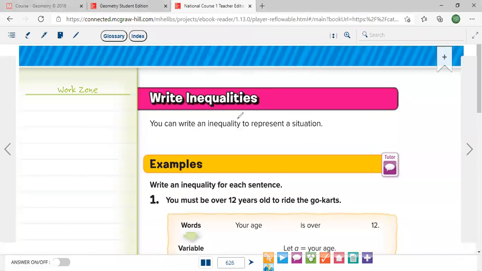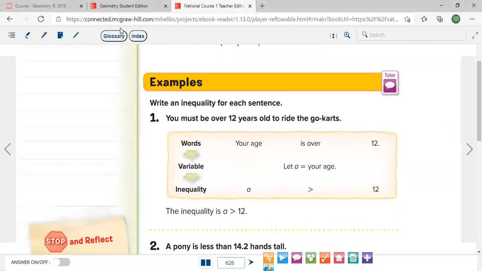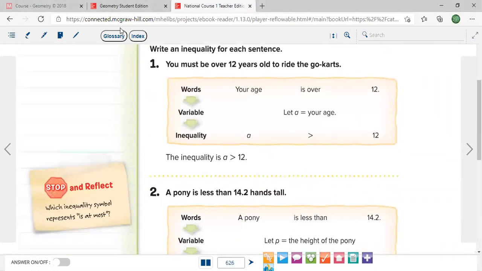You can write an inequality to represent a situation. For example, in example number 1, write an inequality for each sentence. You must be over 12 years old. Over 12 years old means your age should be more than 12. How can we write this as an inequality? We need a variable. Let A be your age.